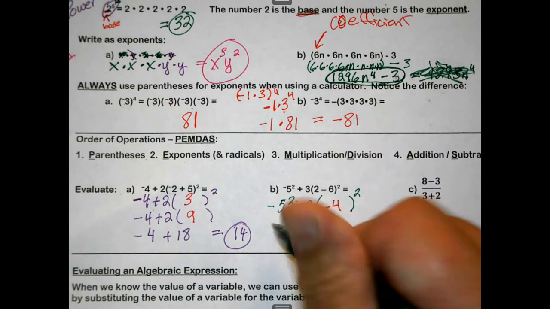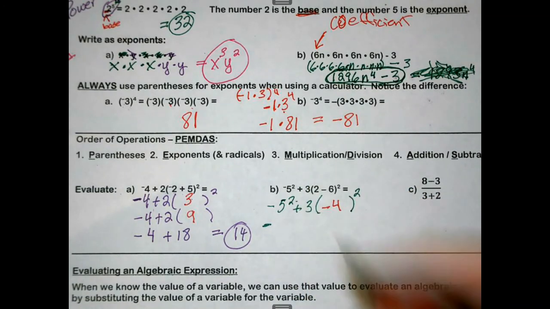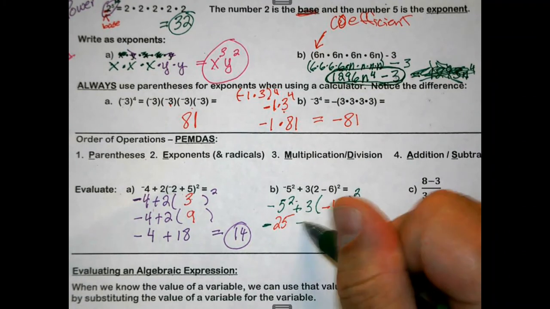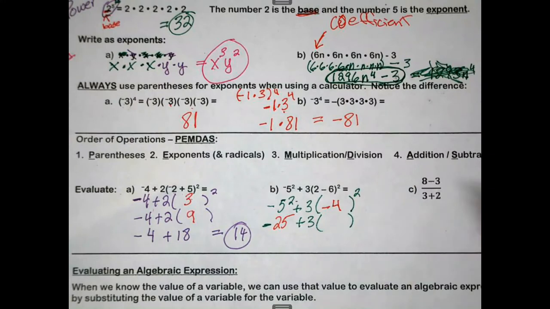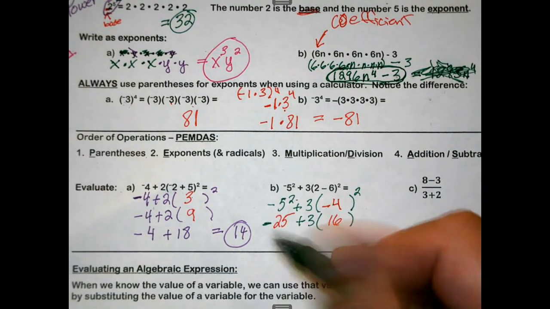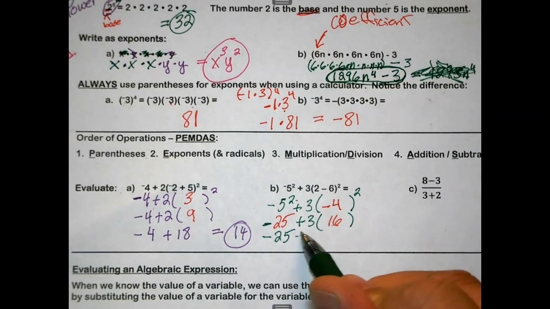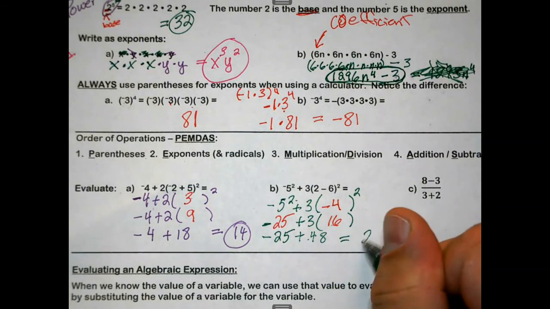So I'm taking 5 squared first, which is 25, plus 3. Now this time I'm taking negative 4 squared. So negative 4 times negative 4, 16. So I have negative 25 plus 3 times 16, 48. Minus 25, I get 23.